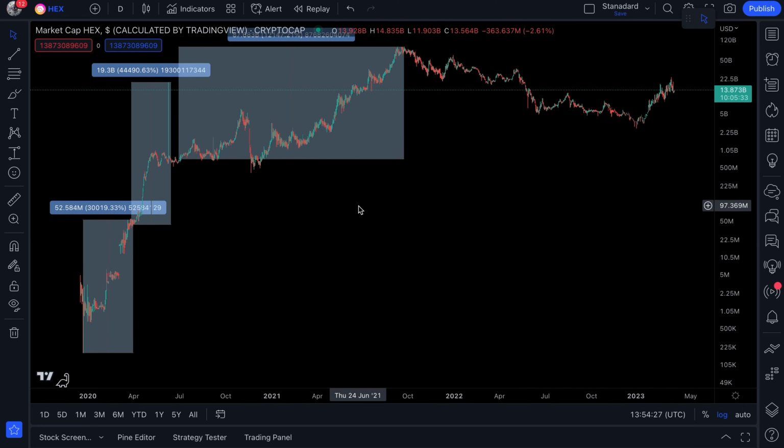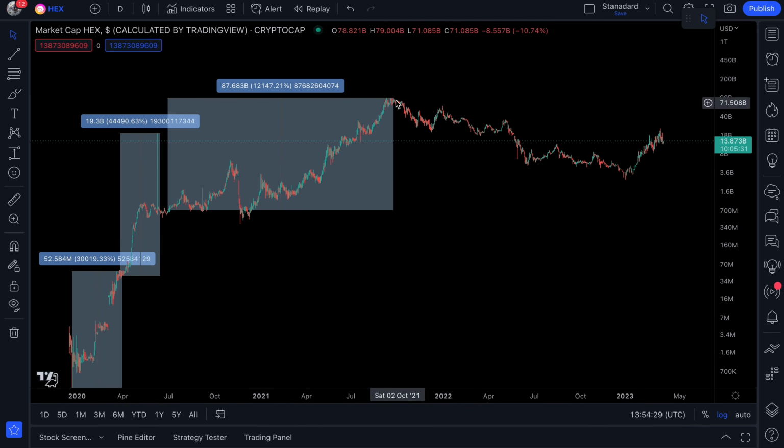So we saw the bottom on the 24th of December, then we see the peak on the 24th of September 2021. That was a 12,000% move. So still a good move, even if you entered on this retracement.